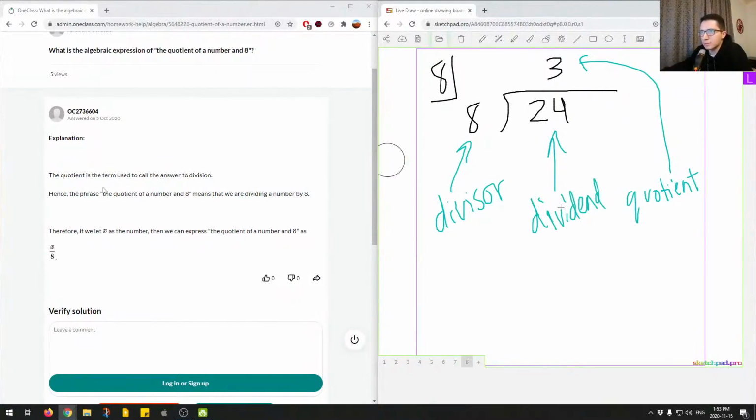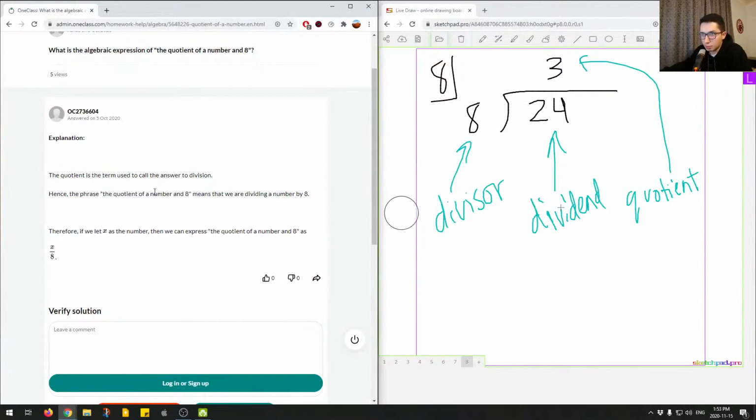So that's when you hear the quotient of a number and 8, you can think of, okay, the quotient, we're trying to find the answer to some number divided by 8. That's how to think about it, why this statement is used.